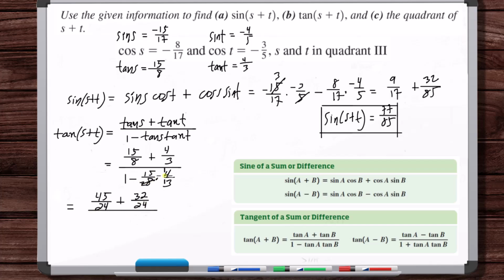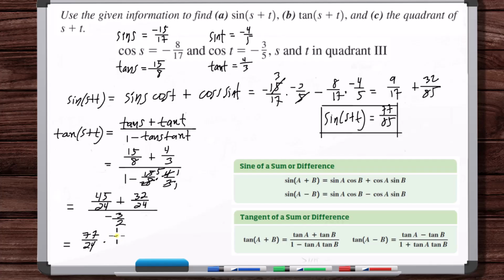Okay. Divided by 4 here. Okay, 15 divided by 3. So 1 minus 5/2. So 2 over 2 minus 5/2 is minus 3 over 2. All right, 45 plus 32. That's 77 over 24.